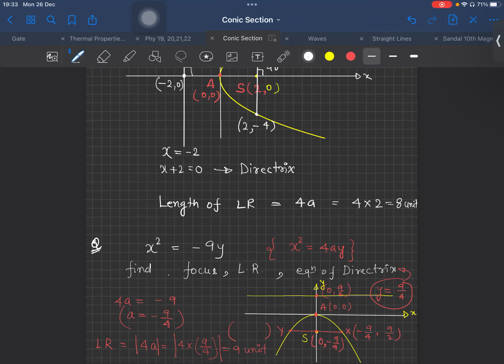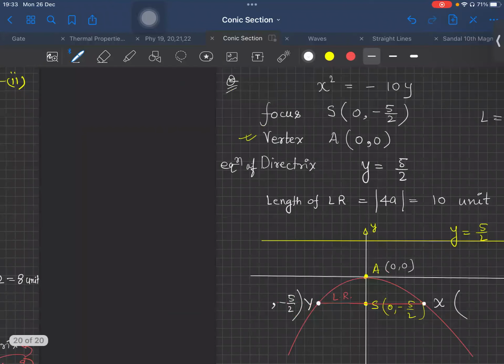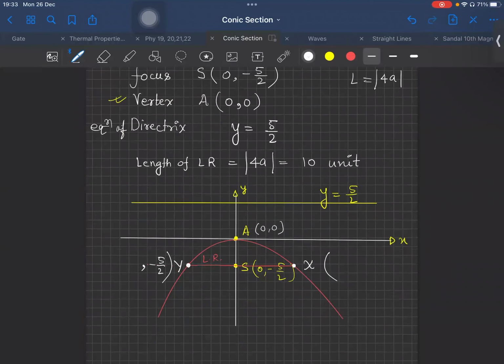It should be minus 9/4 comma minus 9/2. I have written it opposite. So I'm asking these two coordinates, x and y. What will be the coordinates here? The y coordinate is minus 5/2, that is fine for both. What will be the x coordinate?